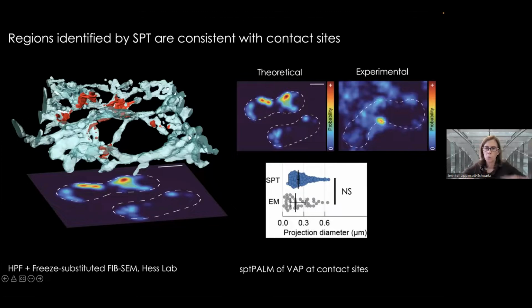So we only are imaging in this system in a 2D dimension. So we have very similar overall shapes, which is very reassuring, and also is telling us that we have nanometric information on these contact sites.